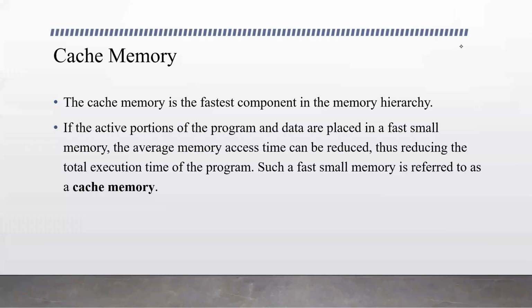The aim of the computer is always to reduce the execution time of the program. Such a fast, small memory is referred to as cache memory. The active portion of the program, which the CPU needs to execute repeatedly, is stored in this fast memory called cache memory.